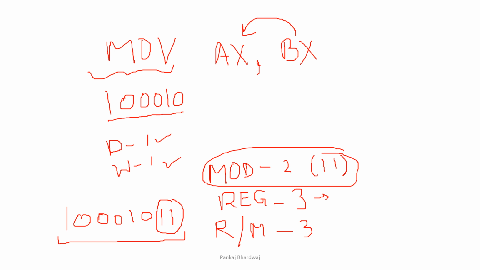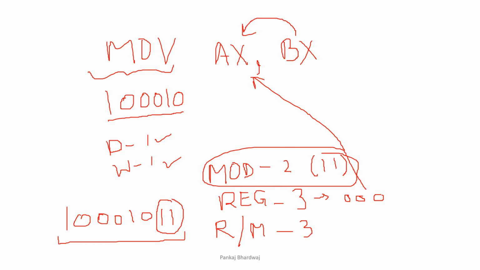So AX we have 000. You can refer to the register code table from the previous slide. The REG field having 000 will be associated with the AX register, right?